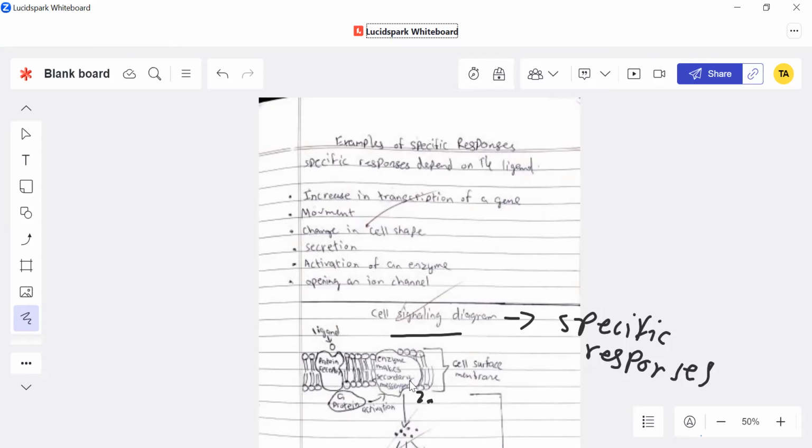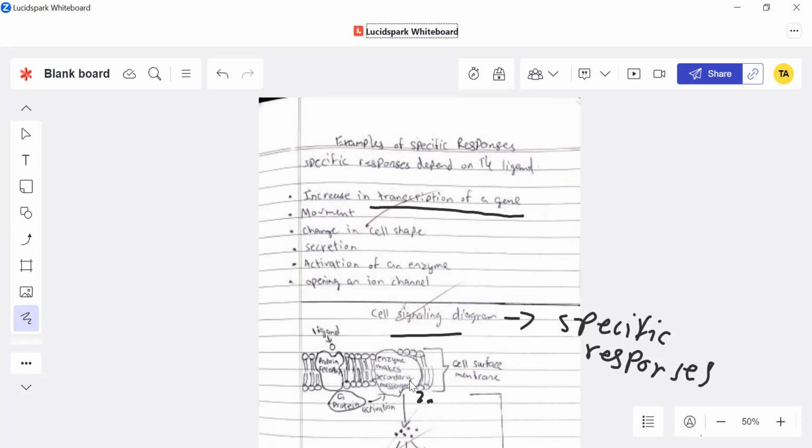If you want to increase transcription of a gene, cell signaling would happen, and there would be an increase in transcription. I gave you an example of adrenaline. If your body wants adrenaline, then cell signaling would happen. The adrenal gland would undergo cell signaling, and what this does is make you more active.